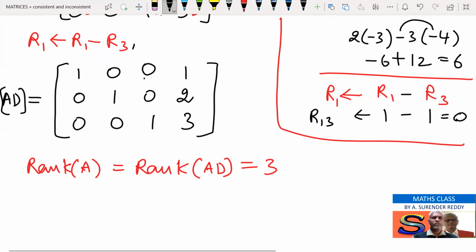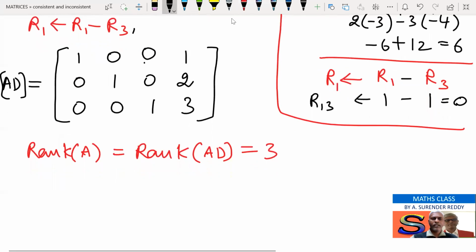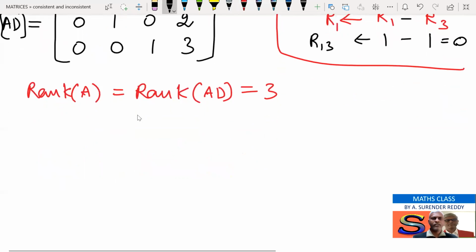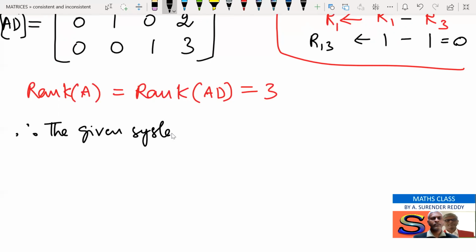Therefore, if the ranks are equal, it is a consistent system. Therefore, the given system of equations is consistent.